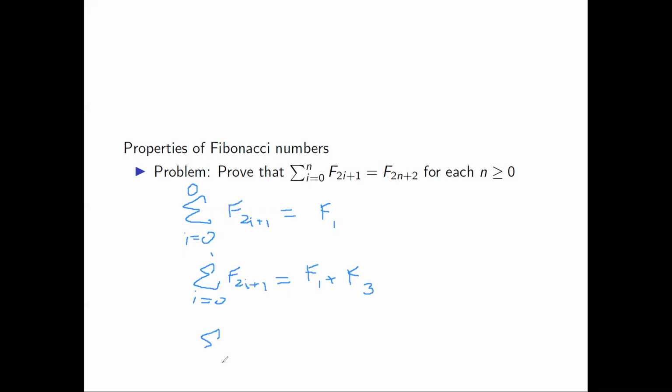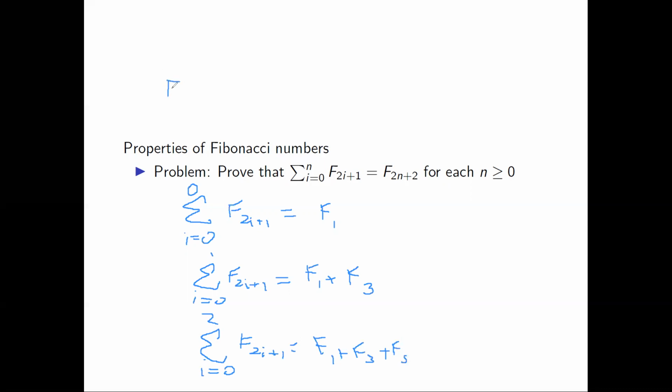And if we look at n equals 2, we get the sum i equals 0 to 2 of f of 2i plus 1, and that equals f of 1 plus f of 3 plus f of 5.